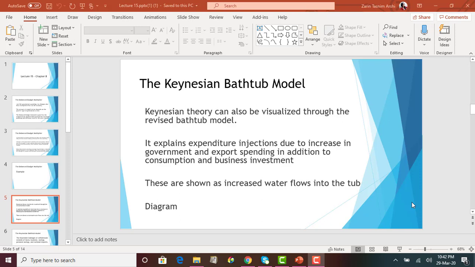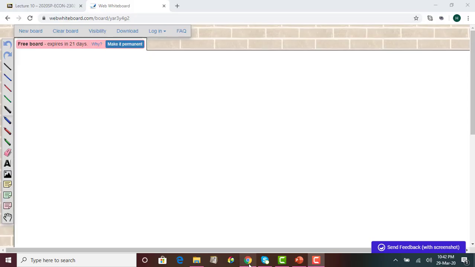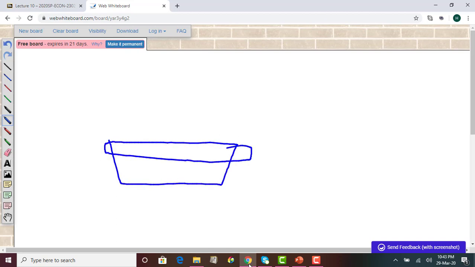But under the Keynesian, we are considering a government as well as exports and imports, in addition to consumption and business investments. So the bathtub model will consist of more elements under the Keynesian theory. Let me do a quick diagram of how it will look. Again, the diagram will be very similar to the classical theory.